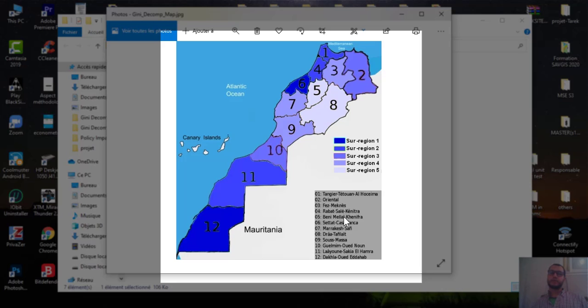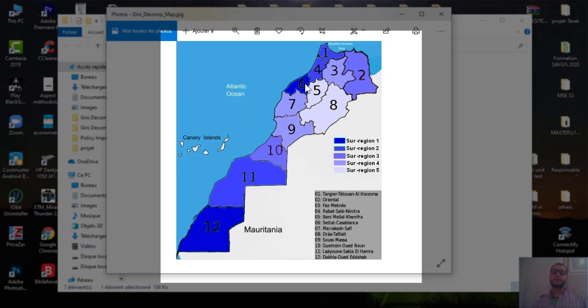So to calculate the Gini coefficient of this region, you need sub-region data. For example, the PIB or the revenue per city or per provincial data. So you need a distribution inside each region. In my case, we don't have this kind of data.